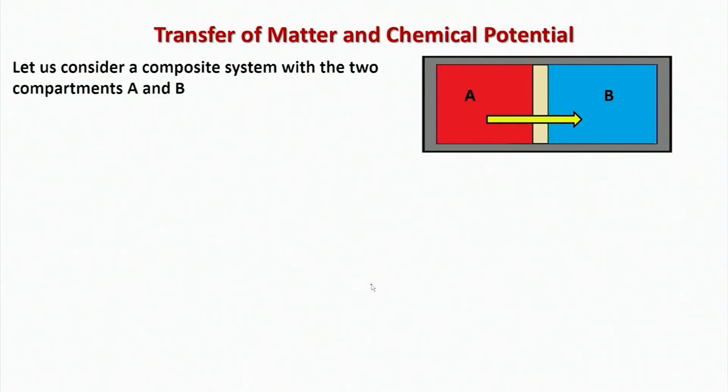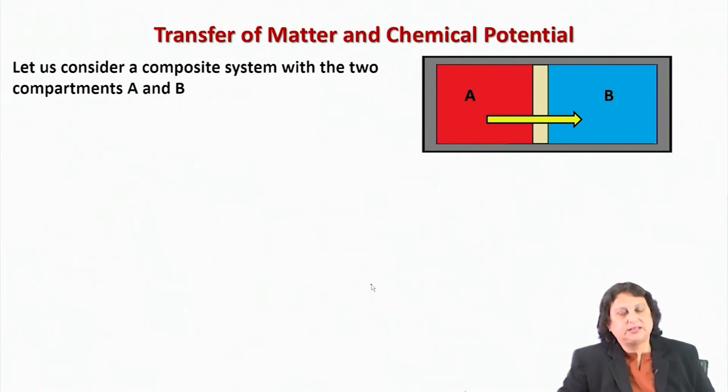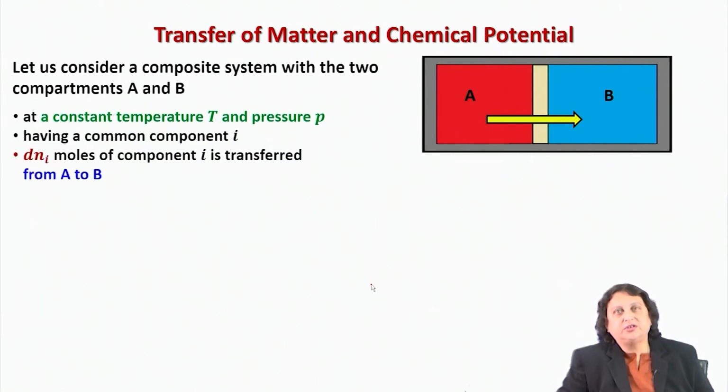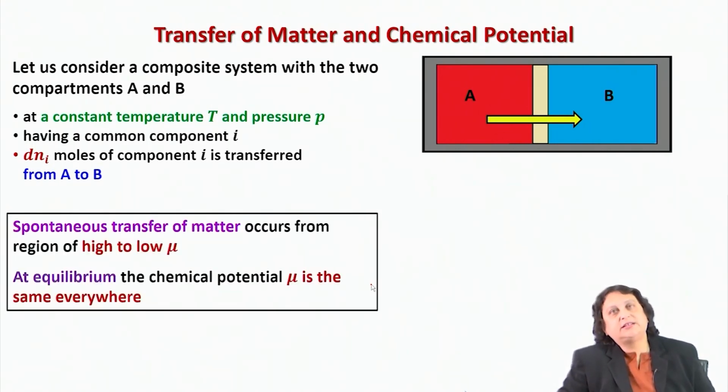We have already seen that if I have a composite system with two compartments A and B, then under the condition of constant temperature and pressure, if there is a common component between A and B, and I allow this component to be transferred between them, then spontaneous transfer of matter occurs from a region of high chemical potential mu i of this component to a low value.